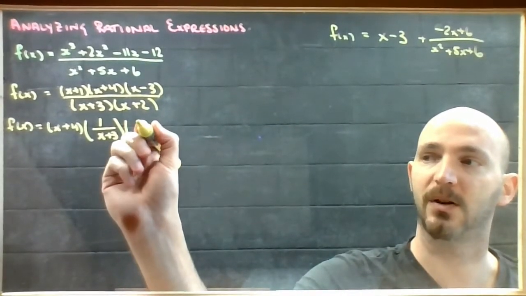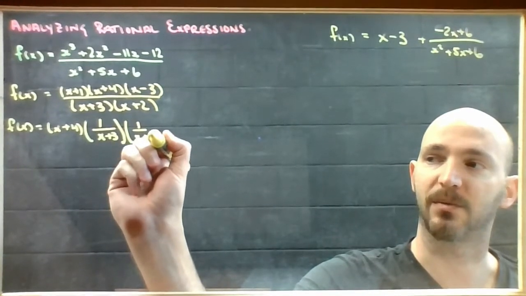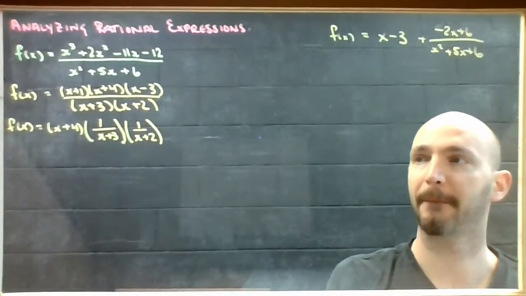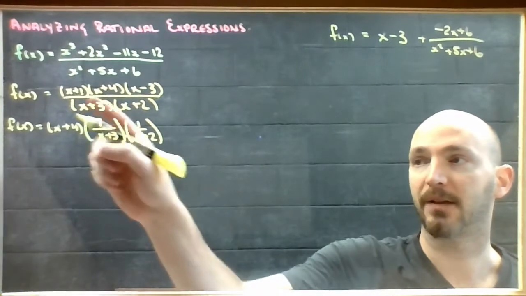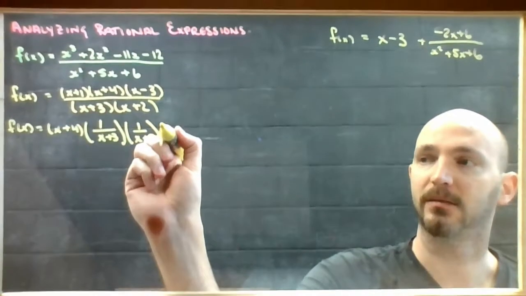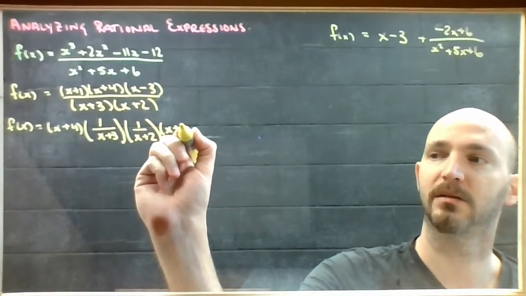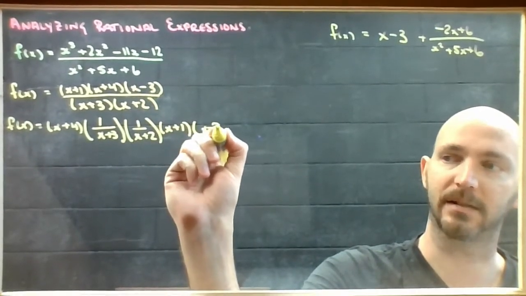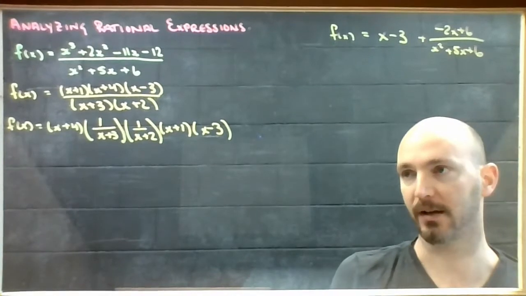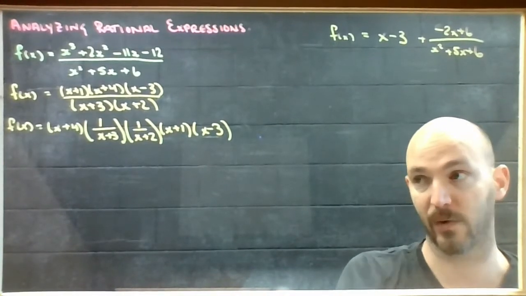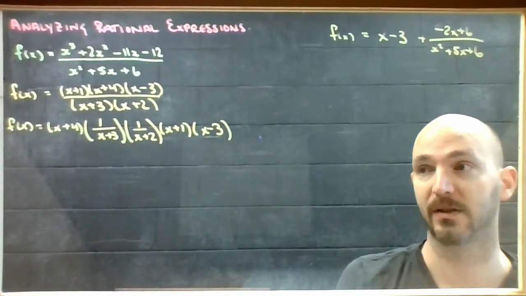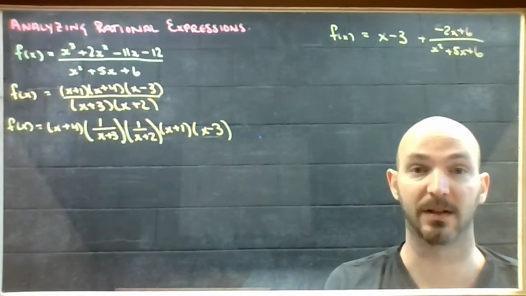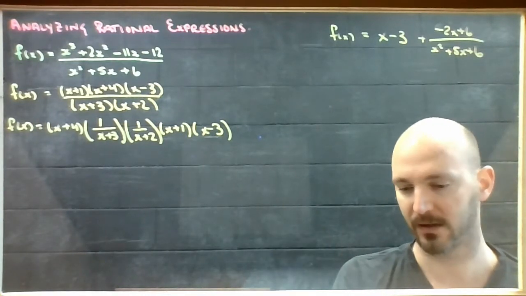That is also a rational expression. And then I've got this one happening when x is -1. And I have this one happening when x is 3. Alright, so it asked you to write them all out as a sequence of rationals or linear expressions. So we've done that part.